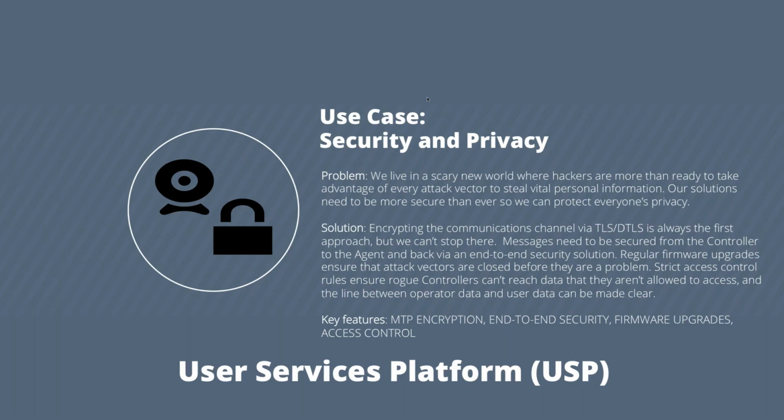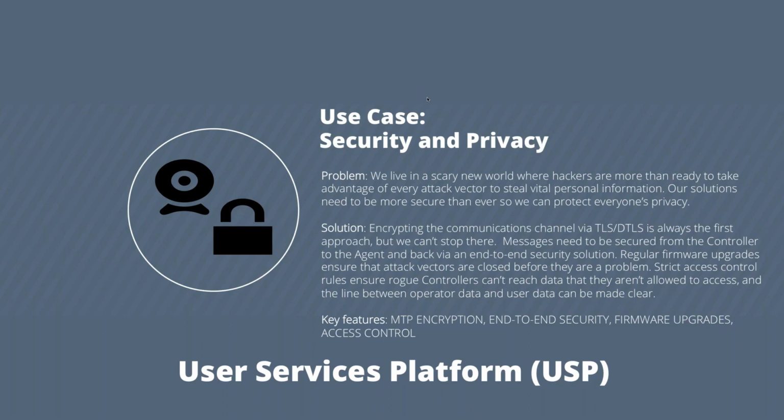We've seen it several times in the past about the Internet of Things and those devices, as they're usually smaller and easier targets to be attacked because they don't have as much security. So that's definitely one of the things that we're looking to help close here. We need to be more secure than ever because we need to protect privacy. So we need to provide these tools that help implementations do so.